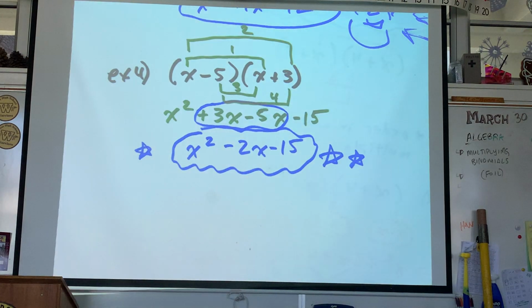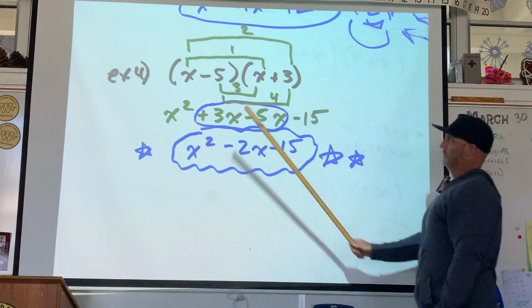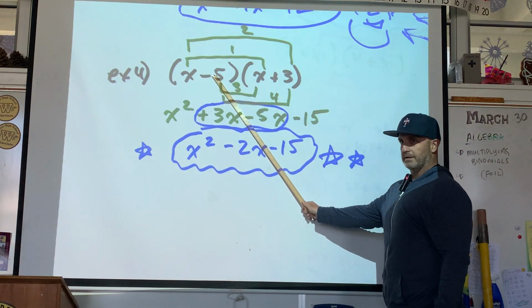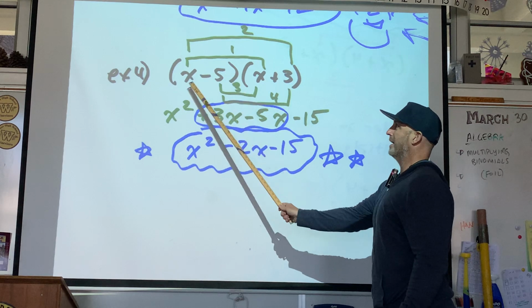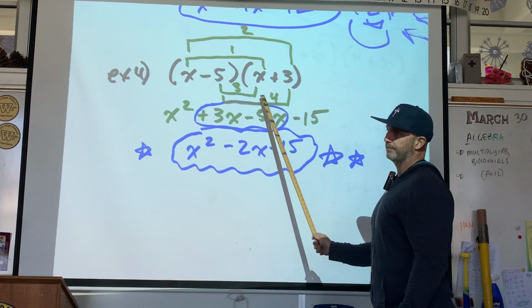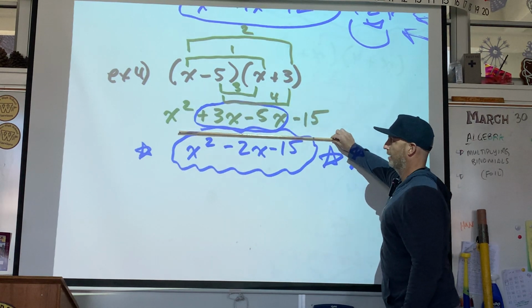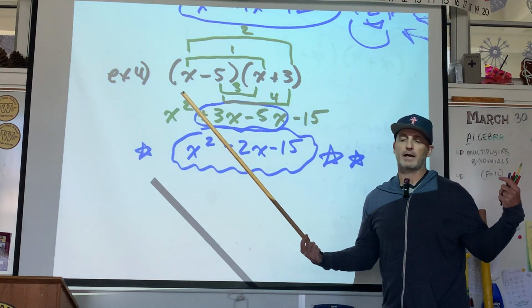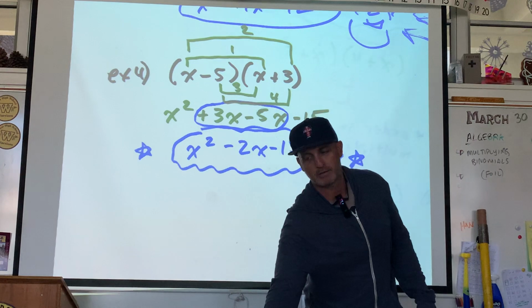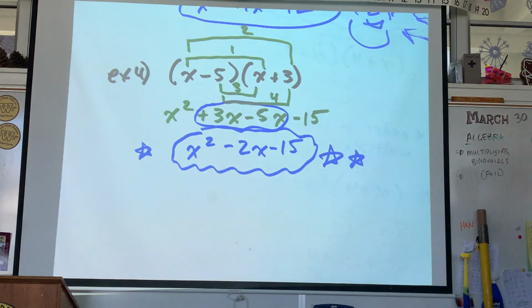So essentially, when we are multiplying a binomial times a binomial, in the end, it turns out as a trinomial. It's like magic. I would like you to try this worksheet. And there's a bunch of them.